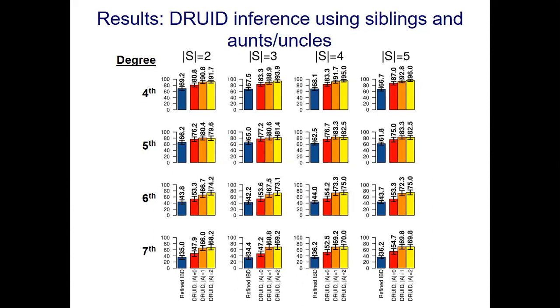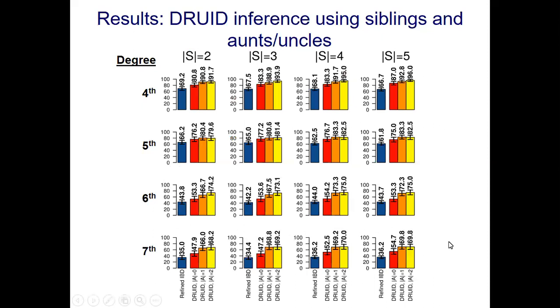I should mention that the accuracy results here are only for the siblings, only for the bottom generation, to make it more directly comparable to refined IBD. And again, as the aunts or uncles are included, DRUID does better.